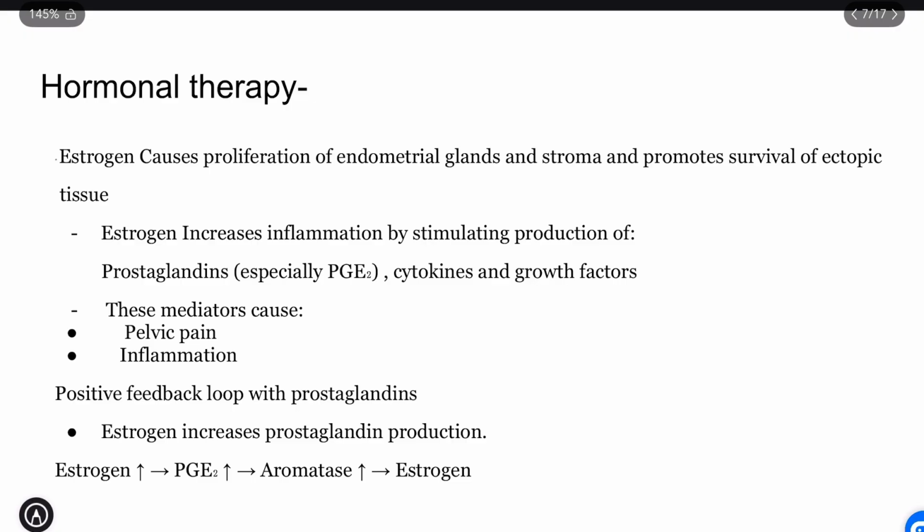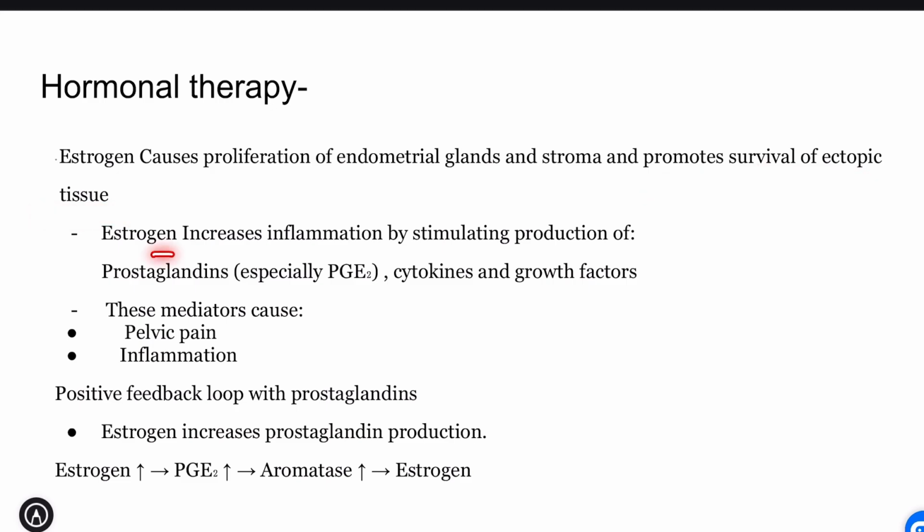Now hormonal therapy. Because endometriosis is a completely estrogen dependent disease, we have to manage hormones. We have to give hormonal therapy to the patient. How hormones play a role in endometriosis is that estrogen causes proliferation of endometrial glands and stroma and promotes survival of this ectopic tissue.